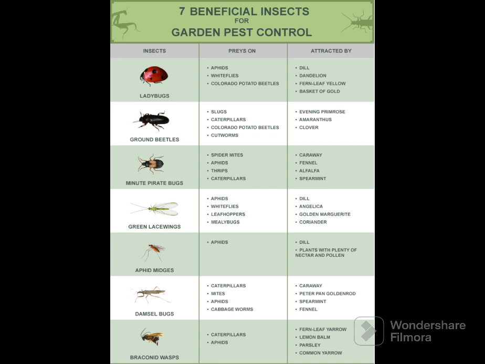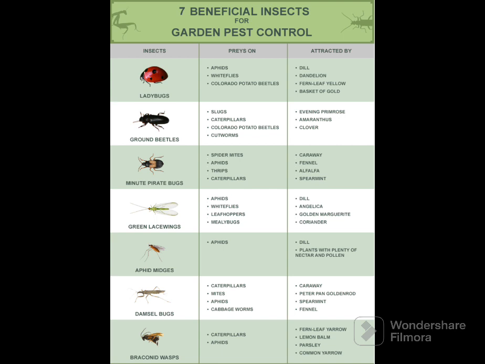Okay, then we have the damsel bugs, and we also have the wasps. So these feed on the pests, and they are called beneficial insects.